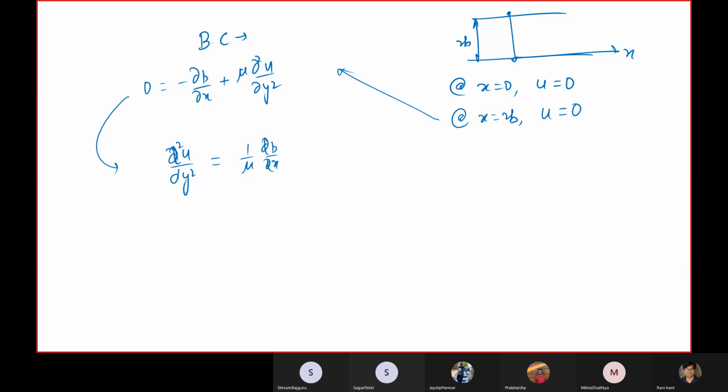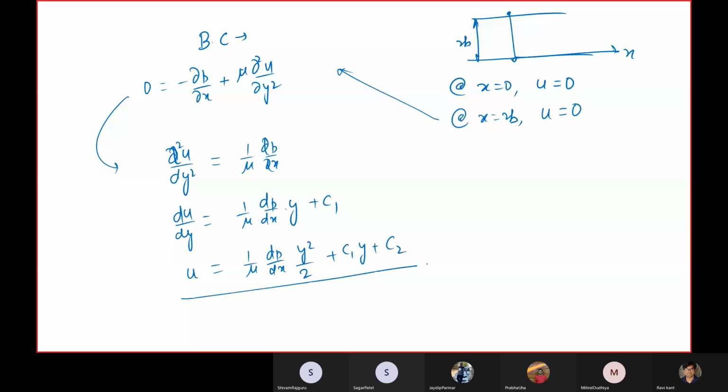I will integrate it one time. So du/dy is equal to 1 upon mu dp/dx times y plus c1. I can integrate it again, so I come up with u is equal to 1 upon mu dp/dx y²/2 plus c1 y plus c2. So this is the solution that you will get.